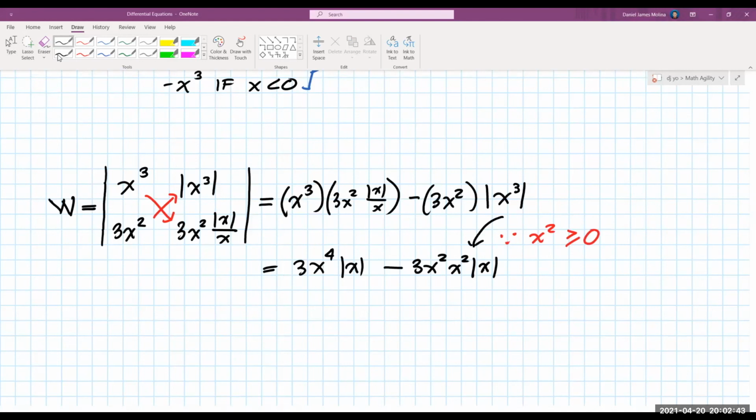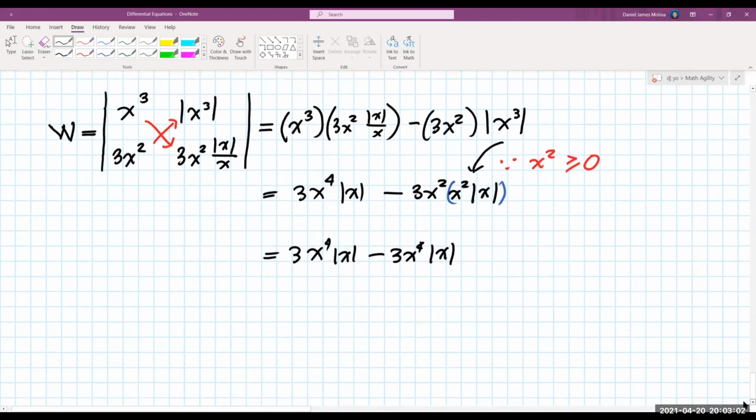Now, let us simplify further. We have 3x to the fourth absolute value of x minus 3x to the fourth absolute value of x. Obviously, our answer is 0. So the Wronskian here is 0.